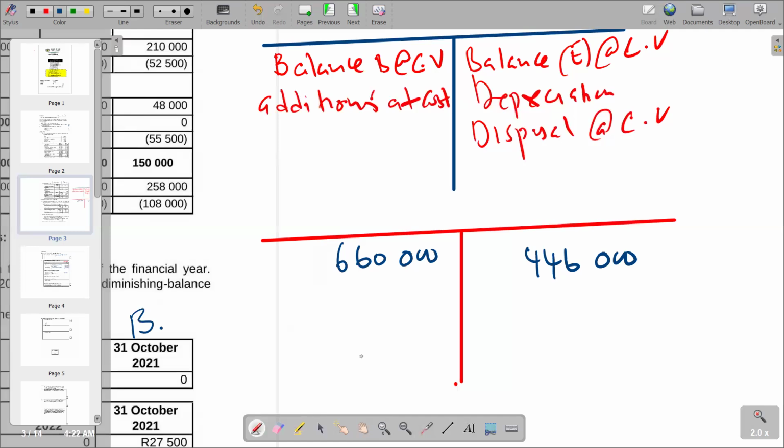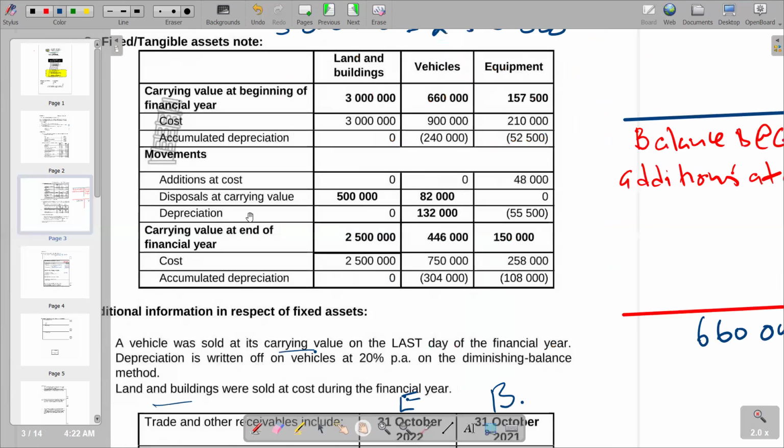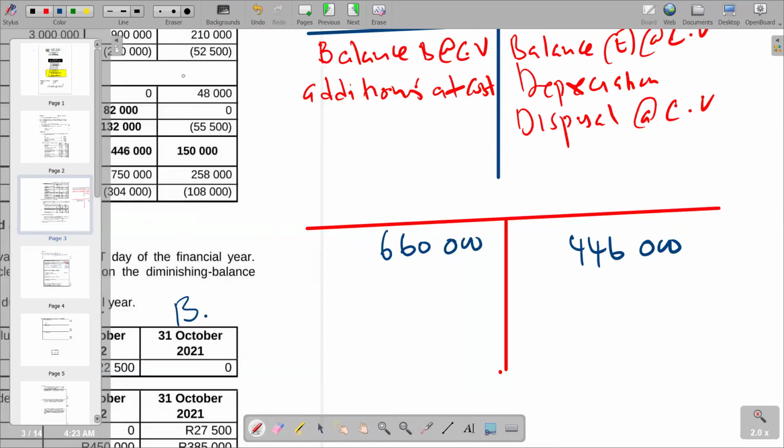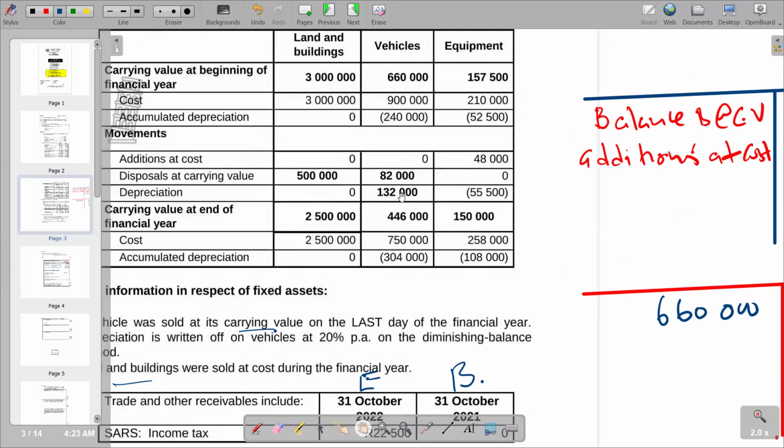And then the costs. See that for other vehicles you don't have any additions, so you leave it blank. But if you check the depreciation for the year, we are given 132,000, so it should be on the credit side. According to our question, we have the disposal at carrying value calculated as 82,000.